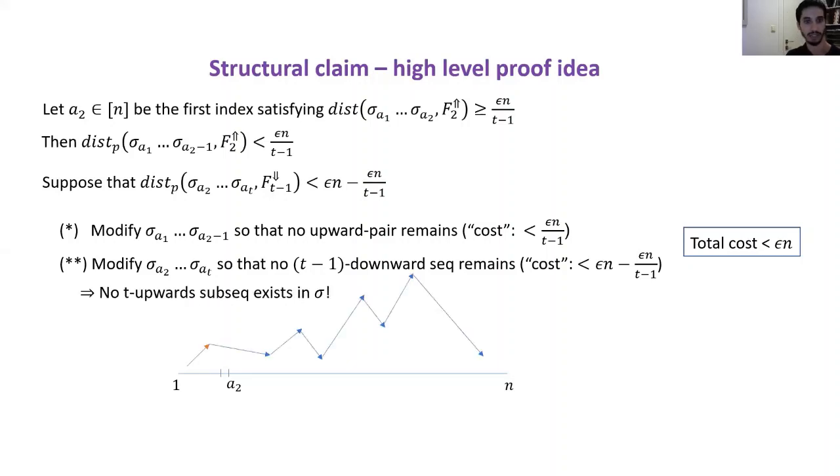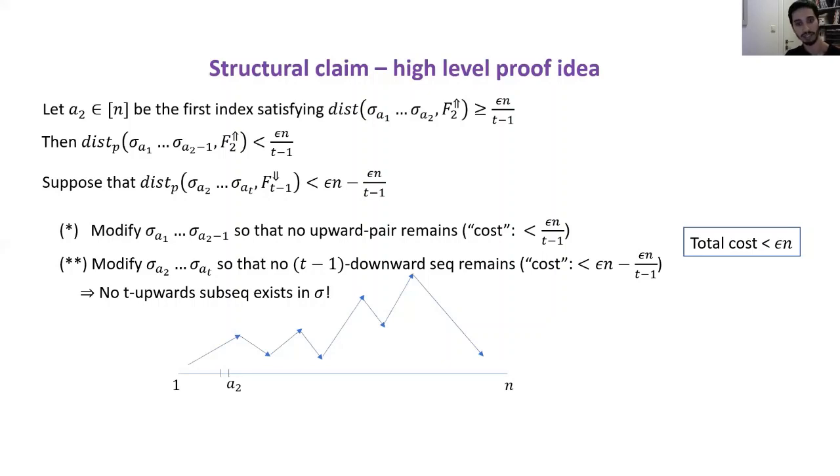And now we claim that no t upward subsequence exists in sigma. To verify this, let's consider this illustration. So first, let's assume that the first upward pair in the t upward subsequence in sigma ends before A2. This contradicts the first asterisk, so it cannot happen.